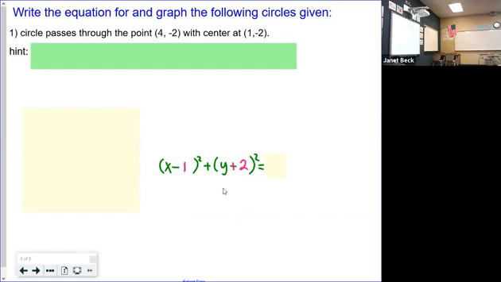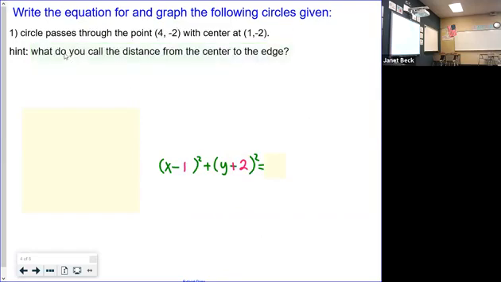And all we have to do is to find the radius. And we know that the circle passes through that point. What do you call the distance from the center of the circle to a point at the edge? You call it the radius. So we find the radius by just looking at the distance between these 2 points, going from the center to the edge.